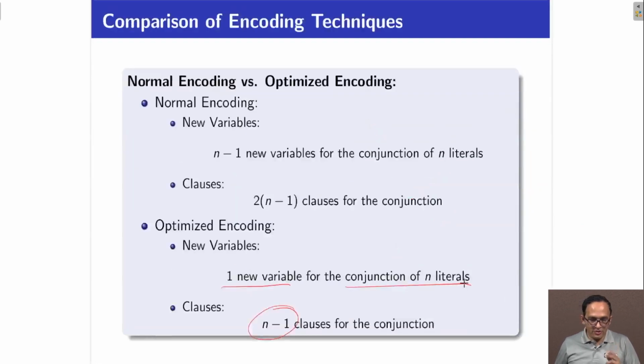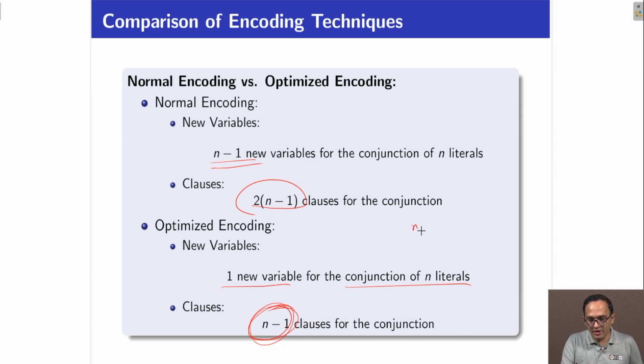So, if the original formula has an entire conjunction of n such literals, I will get n minus 1 clauses. Initially I would get 2n clauses, now I will get n minus 1 clauses.